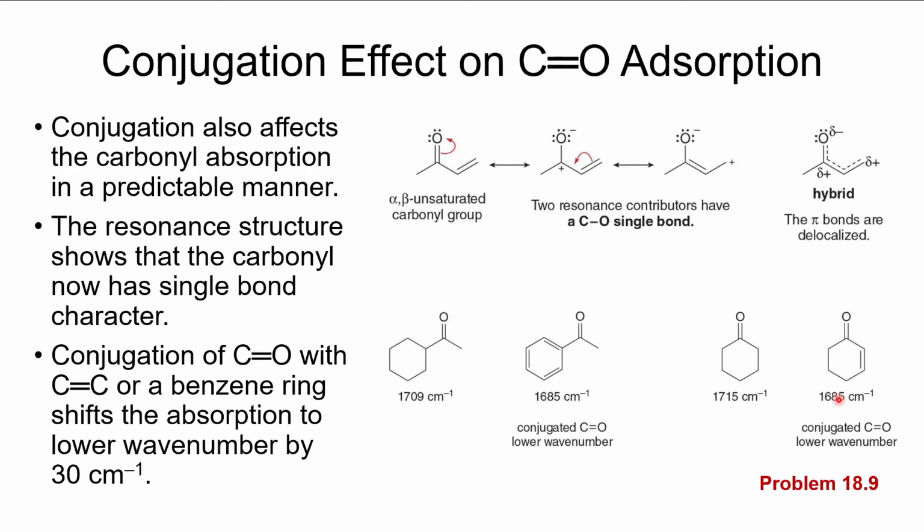And the whole reason for that, the rationale behind that, is that by having these carbon-oxygen single bonds as some of our resonance structures means that our overall structure has less double bond character, so the carbon-oxygen is a little bit weaker, meaning that it's going to have a lower frequency, lower wave number.